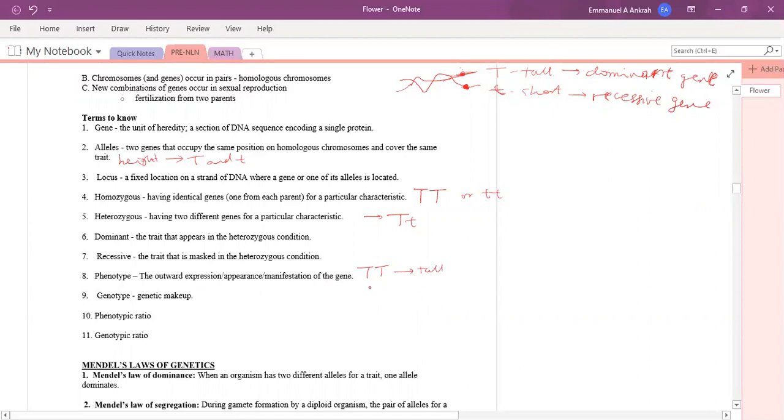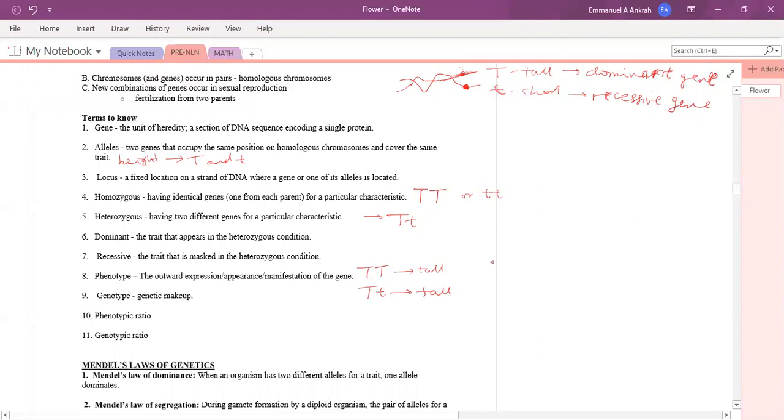If the person has uppercase T and lowercase t, because tallness is dominant, it's going to suppress the lowercase. So even though the person is heterozygous, with 2 different genes, on the outside this person is going to be tall, because tallness is more powerful, dominant.